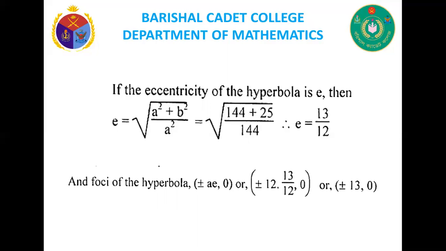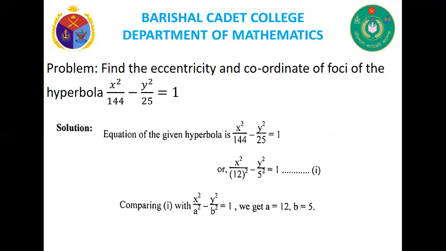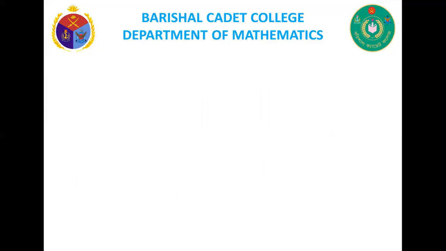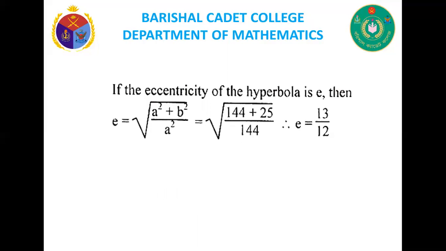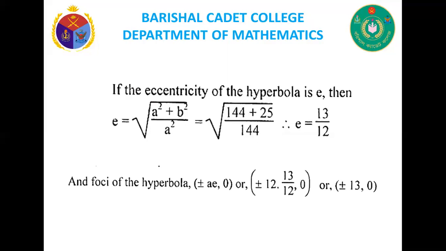Here, one thing you have to mark: the standard form of the equation is x square divided by a square minus y square divided by b square equal to 1, this type. So the eccentricity is square root of a square plus b square divided by a square. Otherwise, the eccentricity changes. I think you have understood it.